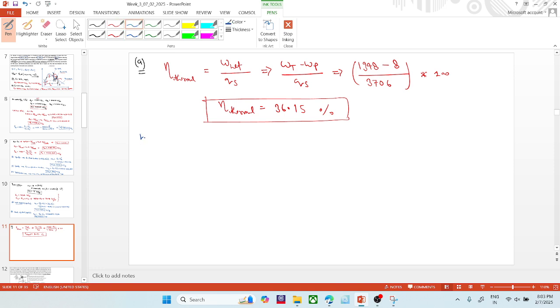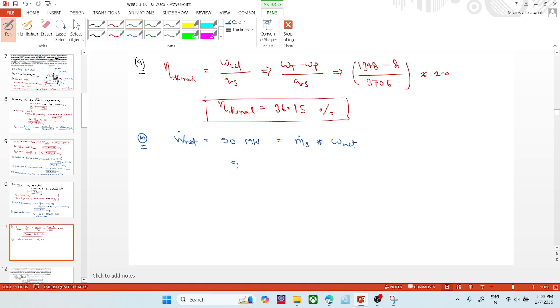In problem B, they have asked the mass flow rate. The value of the net work is given as 90 megawatt, and it can be written as mass flow rate of steam into specific work done.